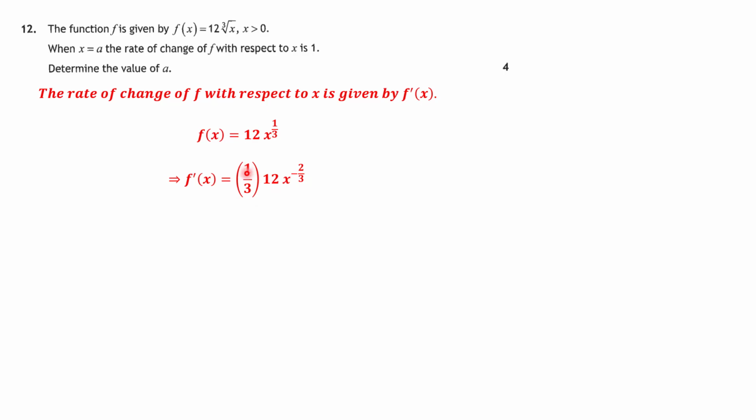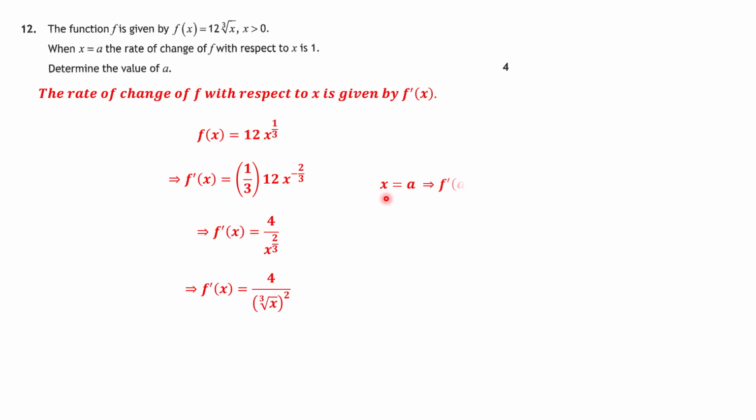Next step is to multiply a third by 12 to get 4 on the top, and at the same time we'll bring this negative power down to make it a positive power, and then we'll change it back into the root form. So we say f dashed of x equals 4 over the cube root of x, all squared.